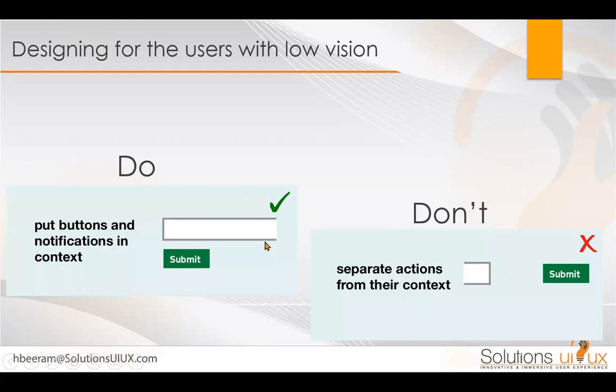Then what we have to do with buttons and notifications in the context, right? Putting the buttons. So when a username is correct or incorrect, right? The notification of username incorrect should be displayed just below it, rather than displaying somewhere down or somewhere up. It's going to be challenging for people.